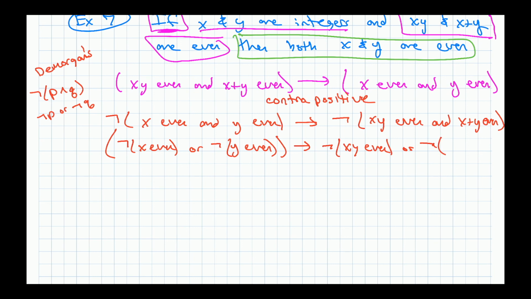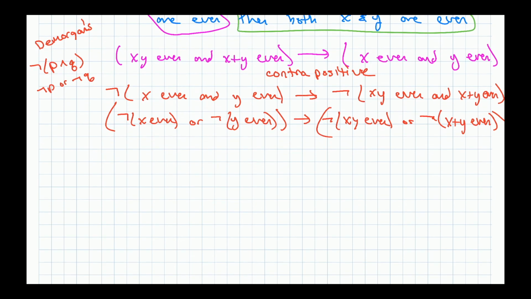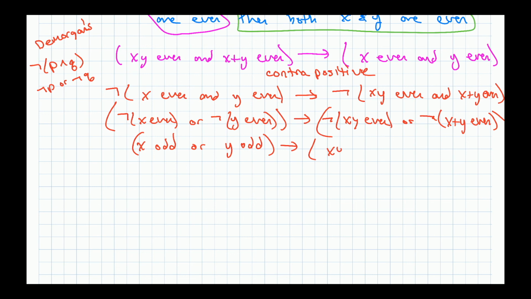I don't know why I'm writing the word or instead of the symbol, but whatever. Okay, so you have that. But then we know that not even means odd. So when we write this out finally, we have x odd or y odd implies xy odd or x plus y odd.